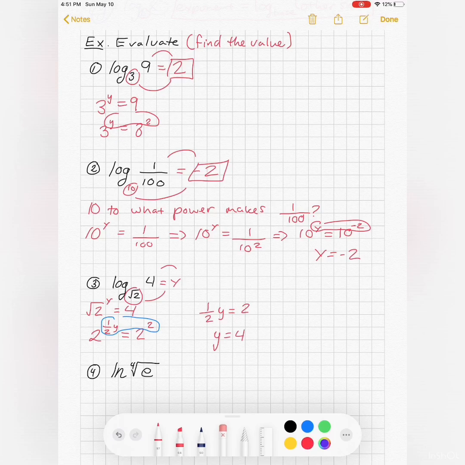And so y would have to be 4. So let's see, is that true? So what we're saying there is, what is root 2 to the 4th? Well, that's root 2 squared squared, right? Oh, it is 4, so checks.